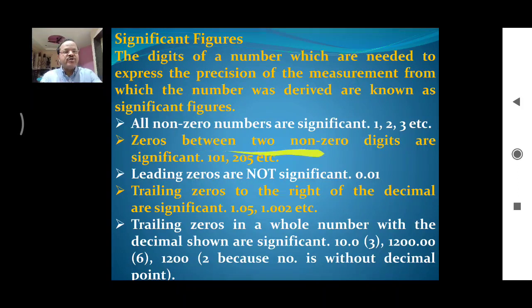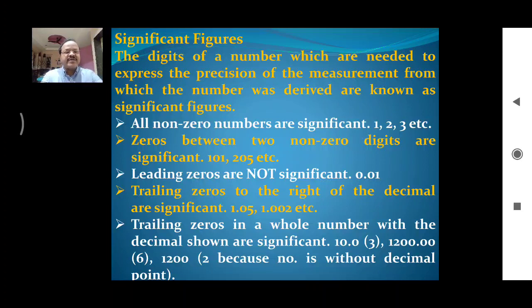Zeros between two non-zero digits are significant. For example, 101, this figure is a significant figure, and in between the two ones there is a 0.